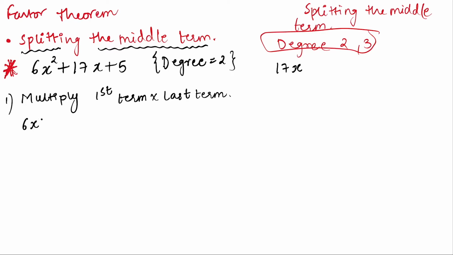Here our first term is 6x square and our last term is plus 5. Also you are going to take the signs. We have got here 30x square and that is positive. Our first step is complete.